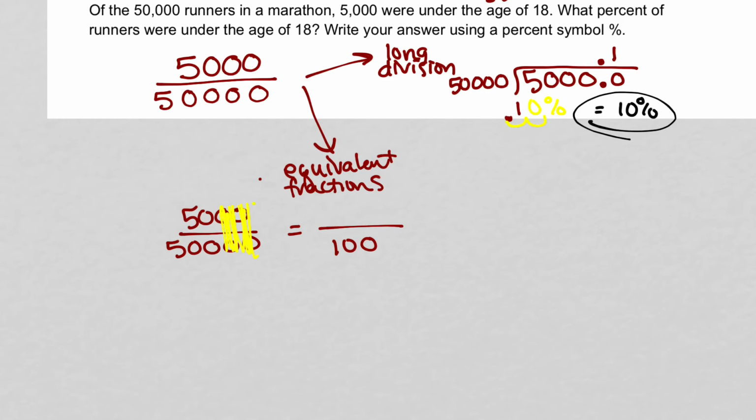And then if I divide by 5 on the top and the bottom, 50 divided by 5 is 10, 500 divided by 5 is 100, which gives me 10 over 100, which is indeed the same thing as 10%. So either way I did it, 10%. So I can feel pretty confident I got the same answer both ways.